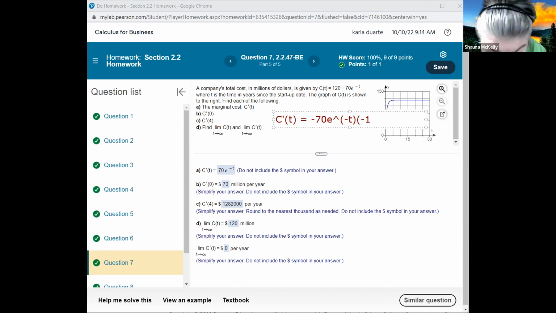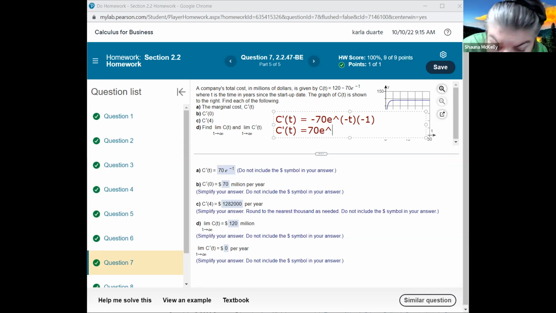So when I simplify this, I end up with C prime of t is equal to, now this negative 1 is going to get multiplied by the negative 70 in the front, which is going to give me positive 70, but I still have the same exponent, which is e to the power of negative t.